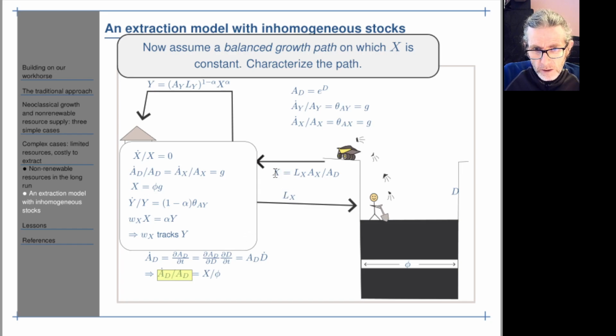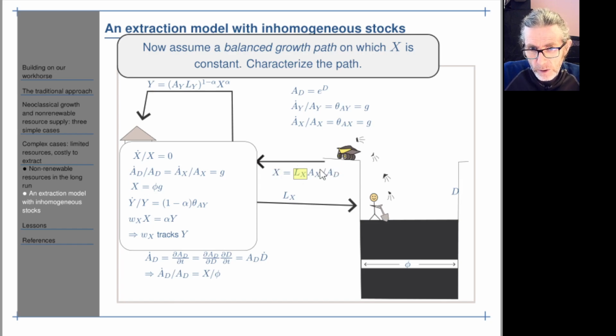Well, if we go here, we can see that if x is constant, we're in balanced growth, so L_x must be constant. We can't be shifting labor from one sector to another. That wouldn't be balanced. So if this is constant and x is constant, then these two, A_x and A_D, they have to be growing at equal rates. If something's growing at 2% a year, the other one must also grow at 2% a year.